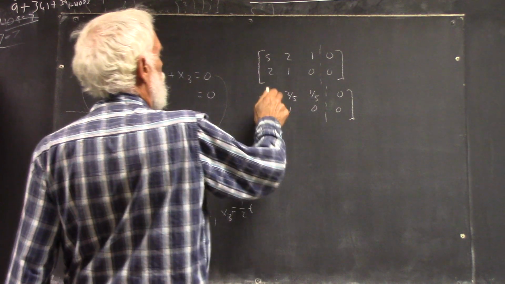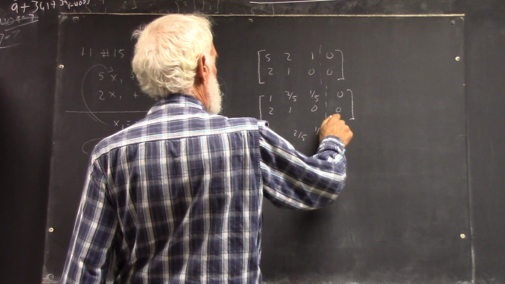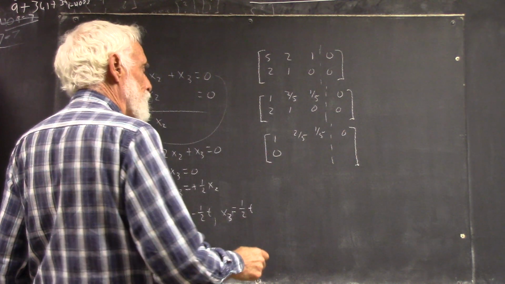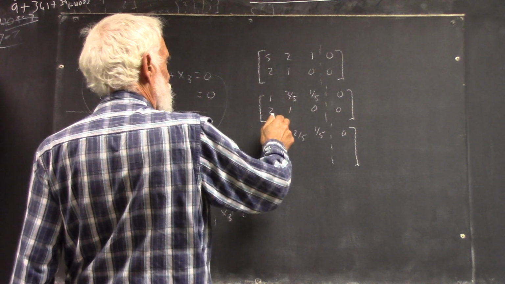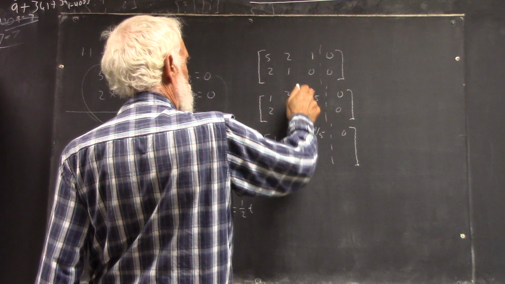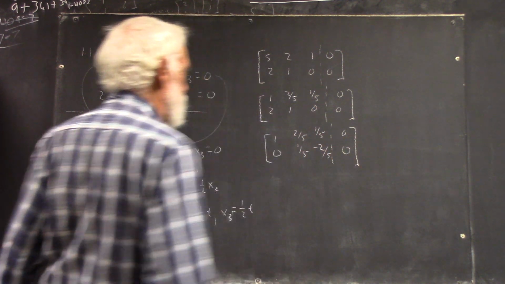Then you subtract 2 times the first row from the second, and you get 0 here. And then you subtract 2 times this from this, you get 1/5. And you subtract 2 times this from this, and you get negative 2/5 with 0.